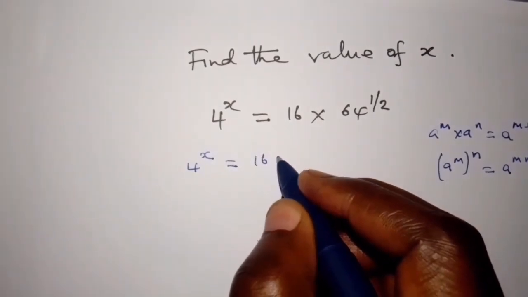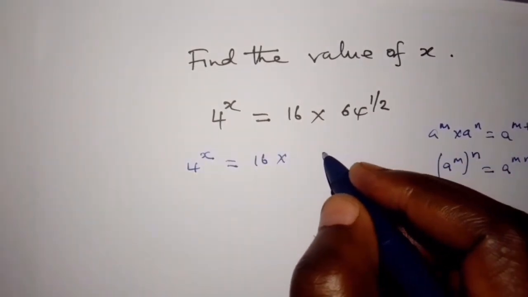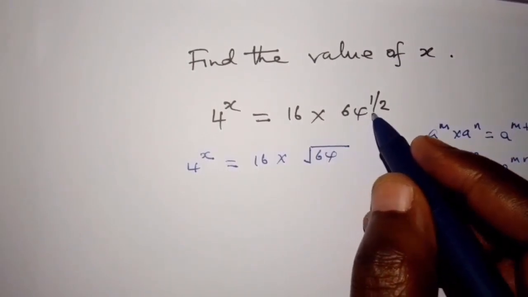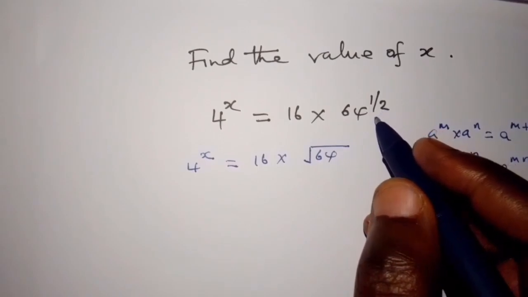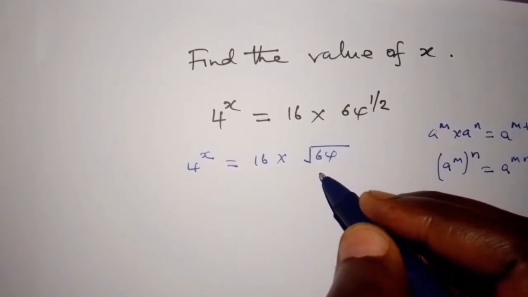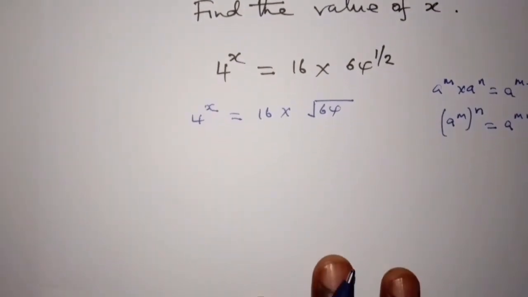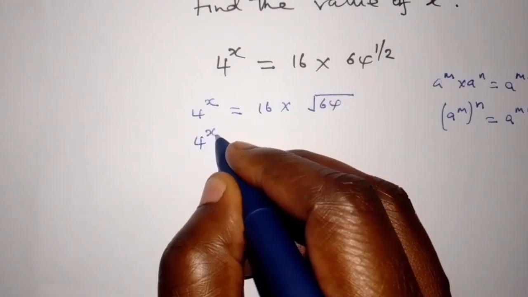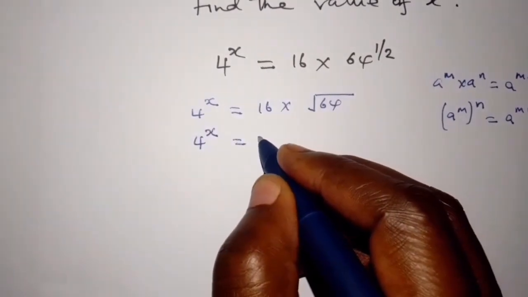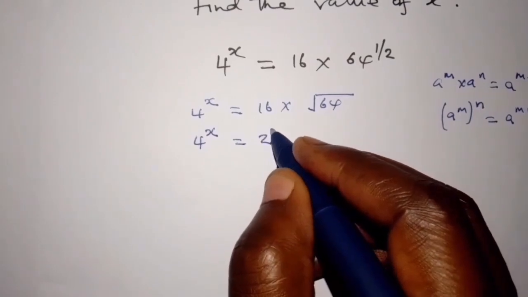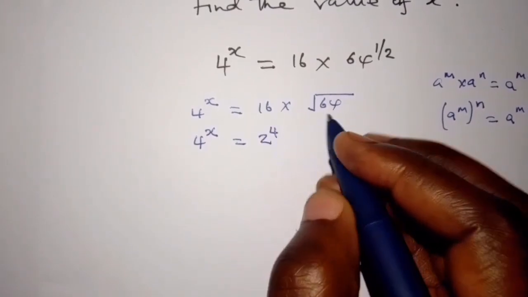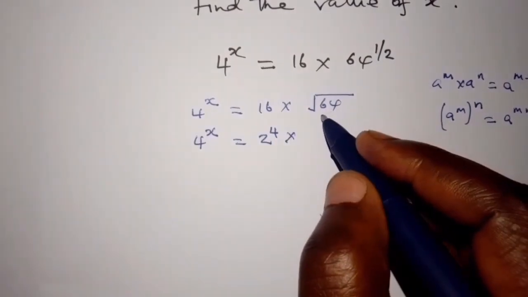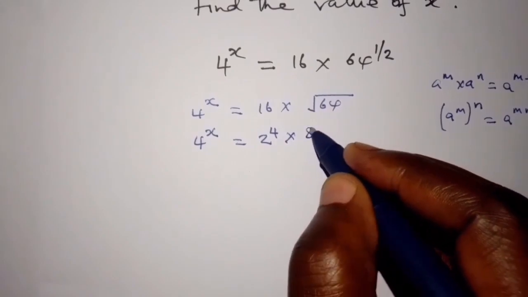16 times the square root of 64. 64 power 1 over 2 is the same as the square root of 64.